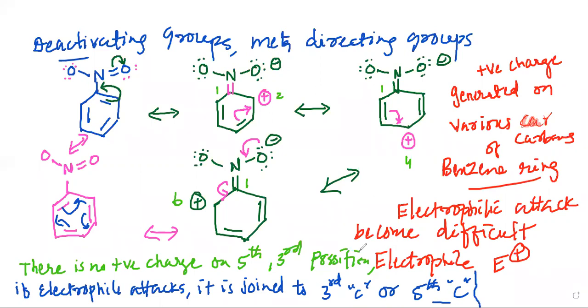As this electrophile is joined to the third carbon or the fifth carbon, what we can simply understand here is that both the third position and fifth position, 1, 3 or 1, 5, are the meta positions. And on 1, 3 or 1, 5 carbon, if the new electrophile is attached to the fifth carbon and third carbon, this group, like the nitro group, is a meta directing group. So this is how we can understand, my dear students, that those groups which are deactivating groups are generally meta directing groups.